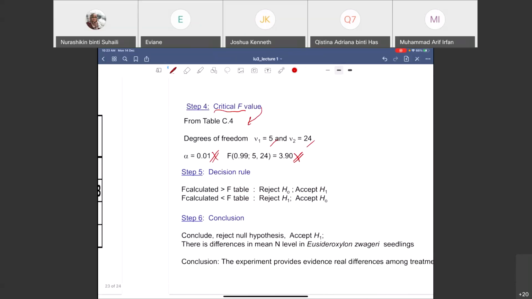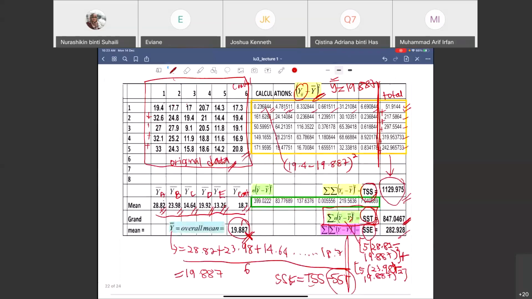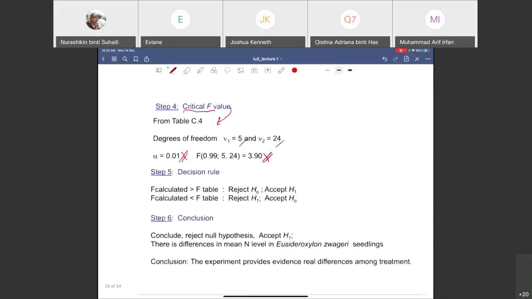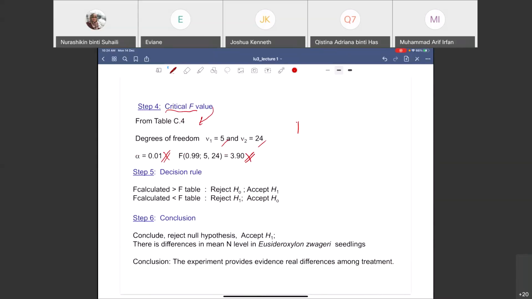Now we are comparing with the F calculated, which is 14.38. So 14.38 is greater than the F critical. This one and this one, right? So we reject the null hypothesis.